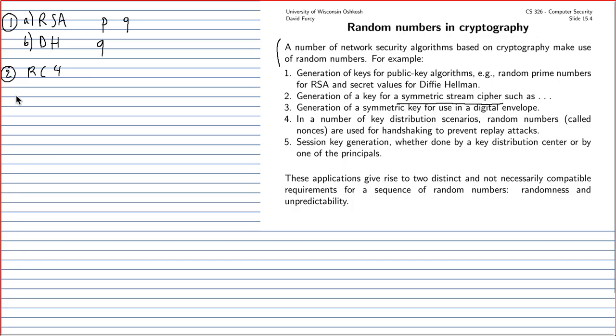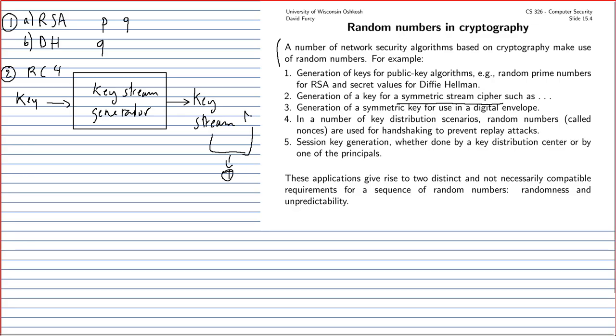So the way this algorithm worked, we would start with a fixed length key that would be fed to an algorithm that would be called a key stream generator. And this algorithm would be outputting a key stream that would be XORed with the message to be encrypted to produce the ciphertext.